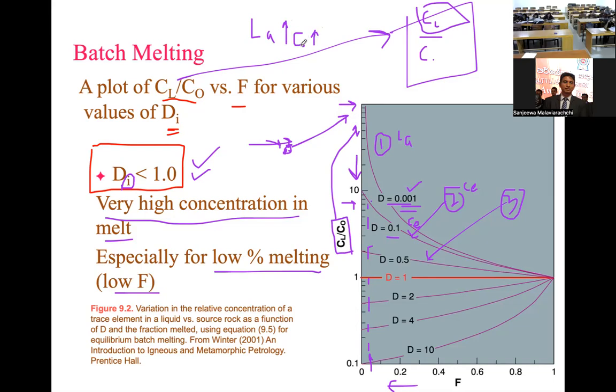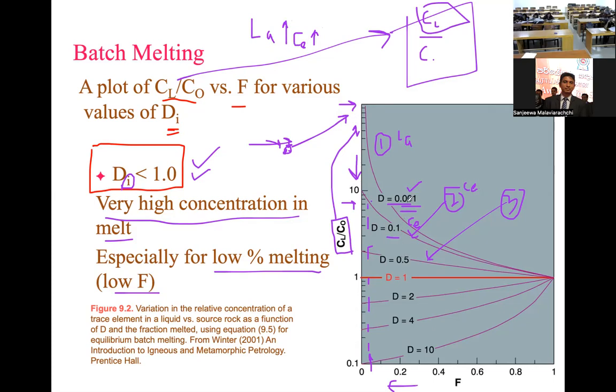So this is the idea, or the modeled behavior of incompatible elements with respect to this batch melting process. Okay, so you can compare like that for different incompatibilities or different partition coefficients.